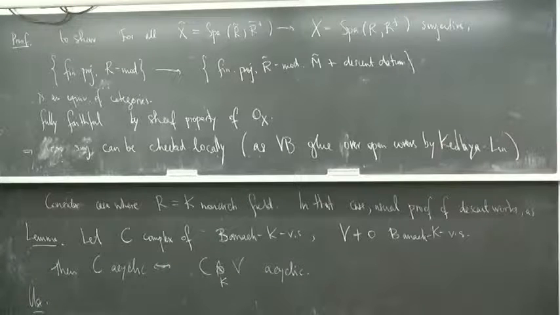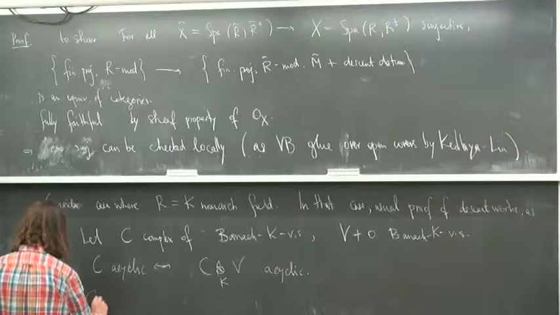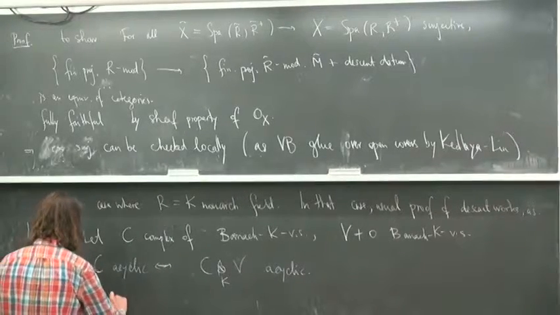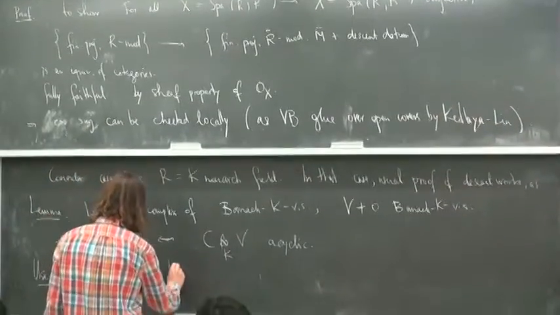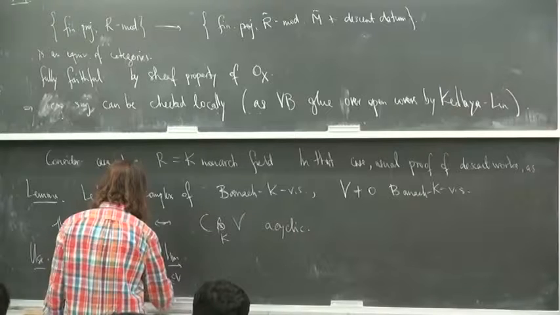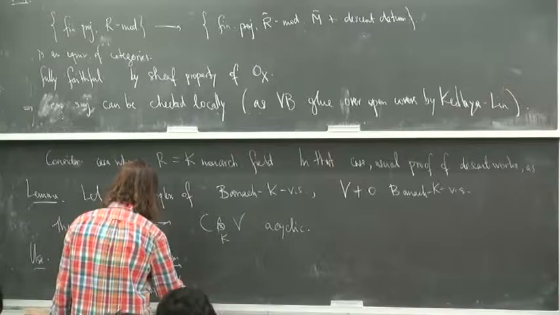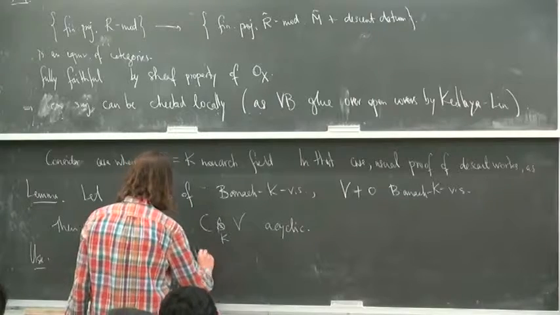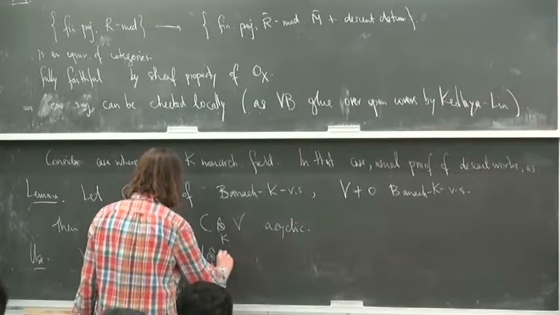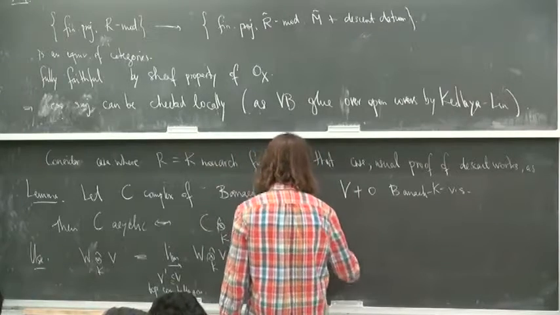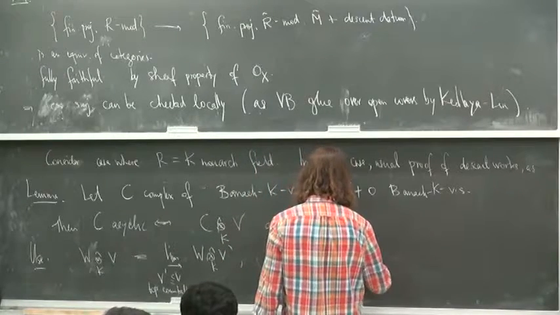It's not so hard to check. What you have to use is what I just said: W completed tensor product with V is the direct limit over all V prime in V which are topologically countably generated of W completed tensor product with V prime. And if V is countably generated, then it has a topological basis.